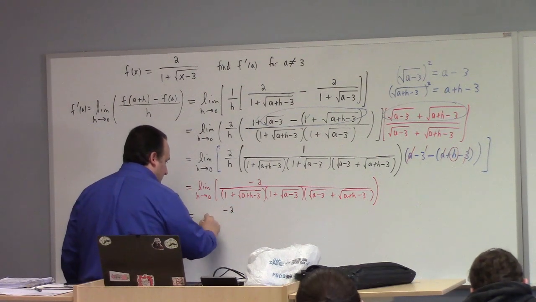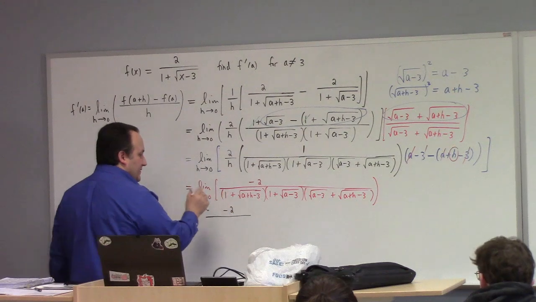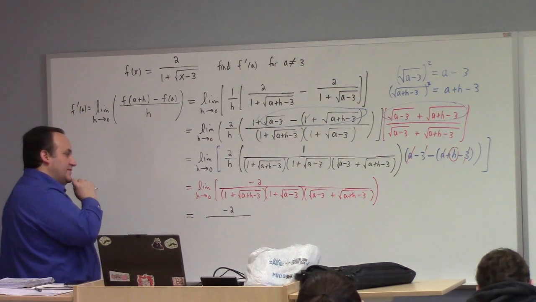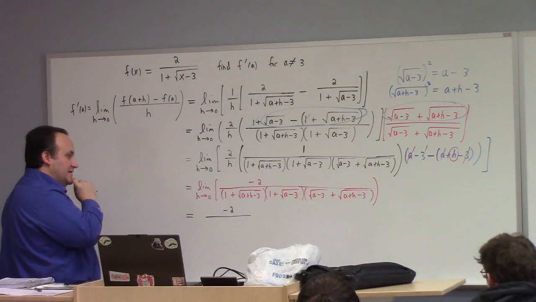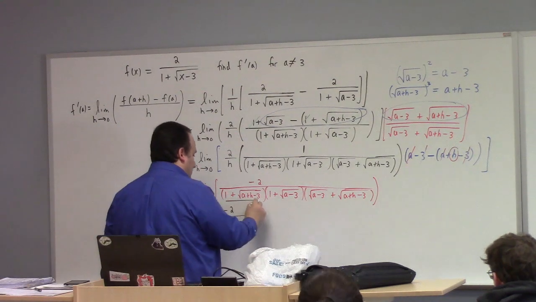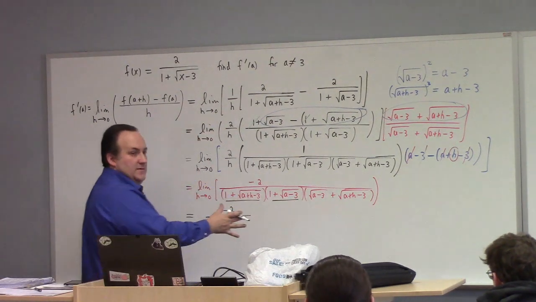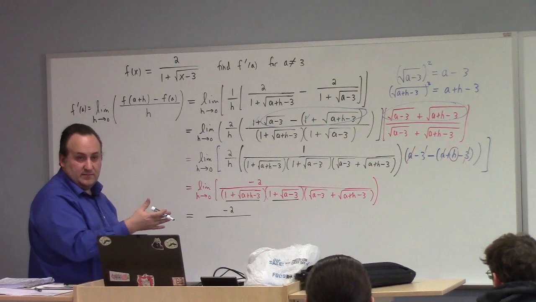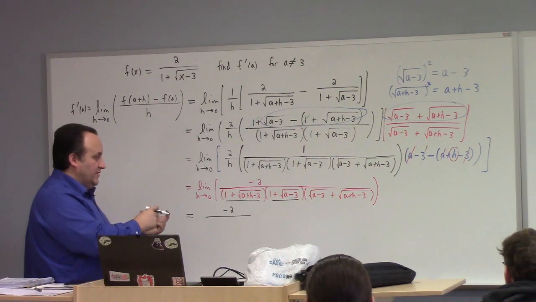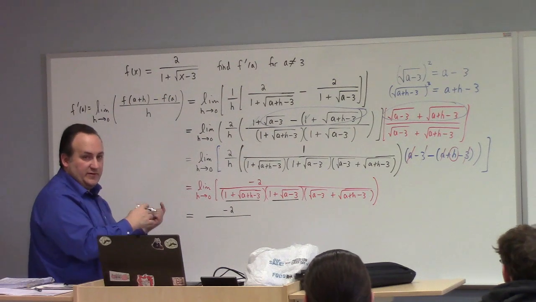We've got minus 2. I wanted to say all three of these terms are the same, but that ain't the case. These two are the same in the limit as h goes to 0, those are the same expression: 1 plus that root, a minus 3, both of those.